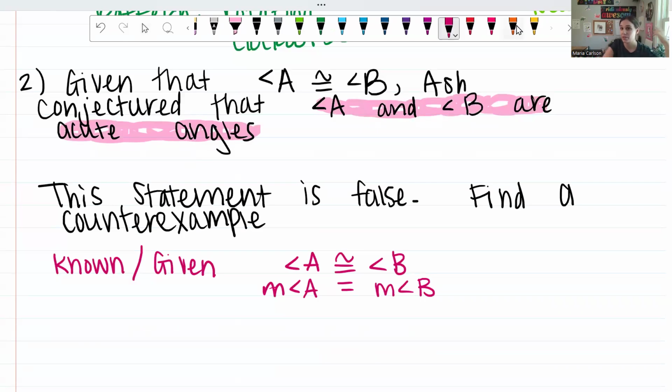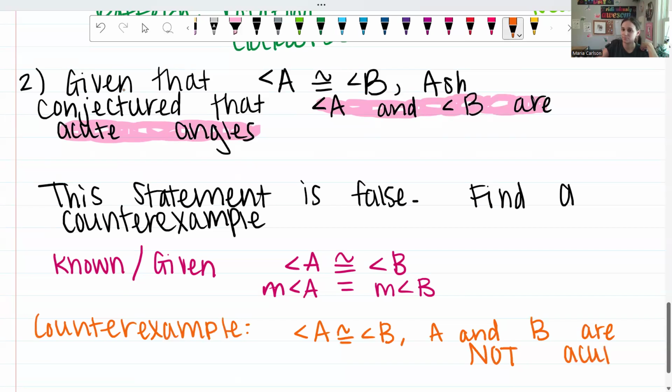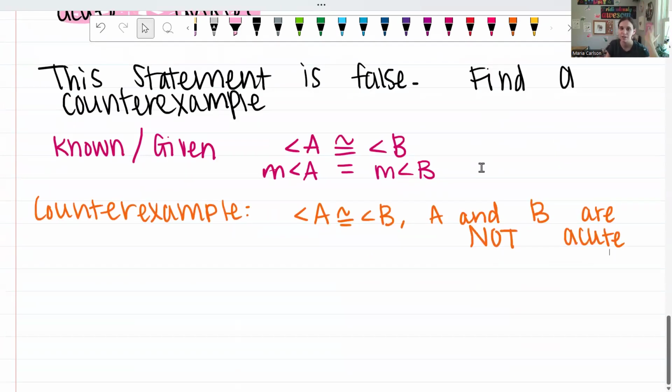So if we were going to come up with a counterexample, we would need two angles that are congruent, but angle A and angle B are not acute. So we want an angle A that is congruent to angle B, but A and B are not acute, meaning they are right angles, obtuse angles, or straight angles.